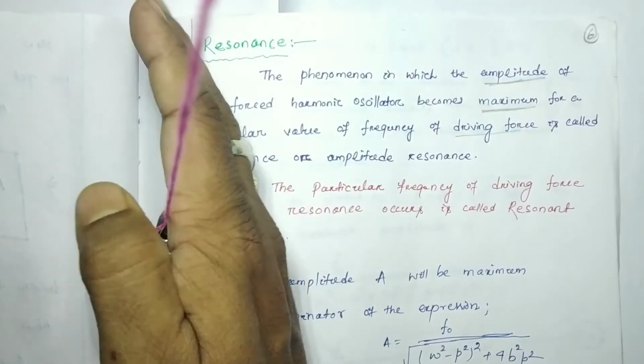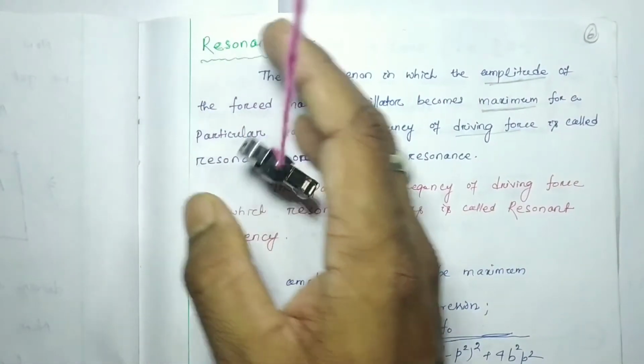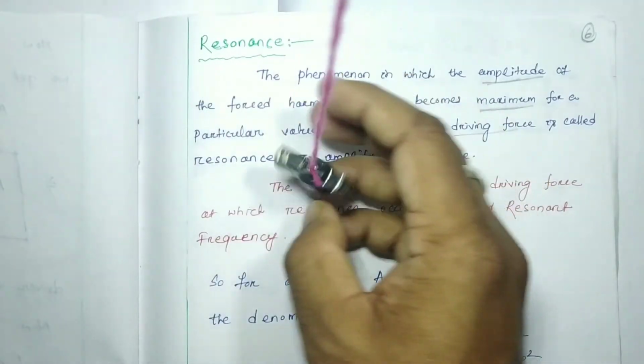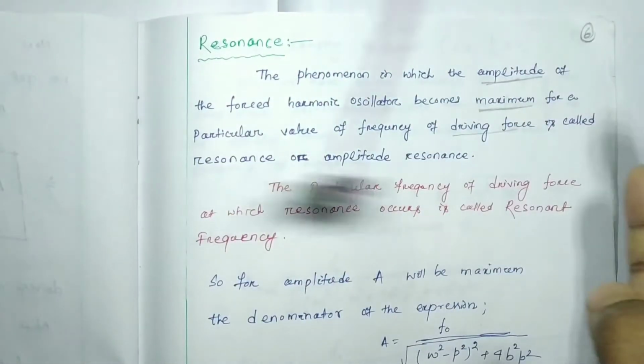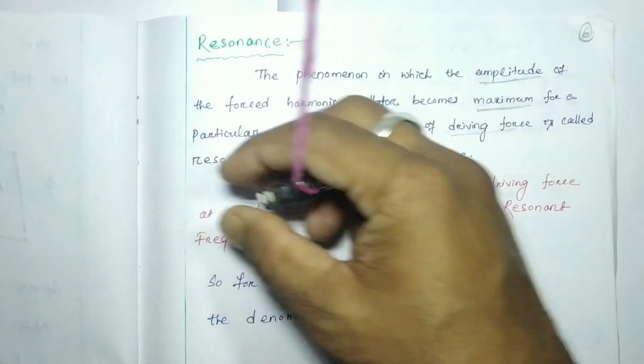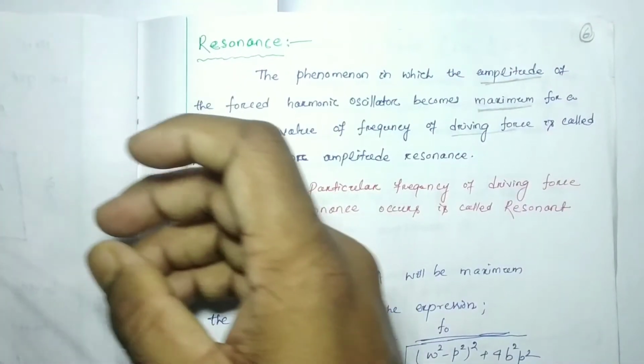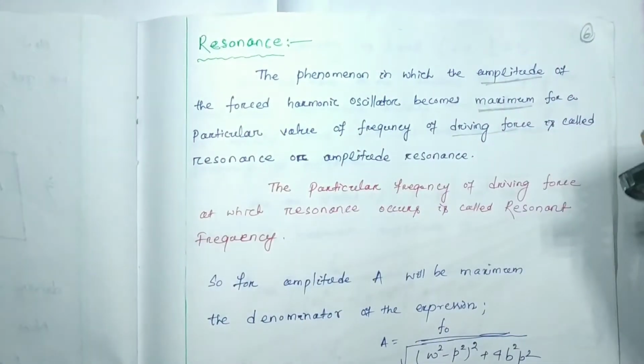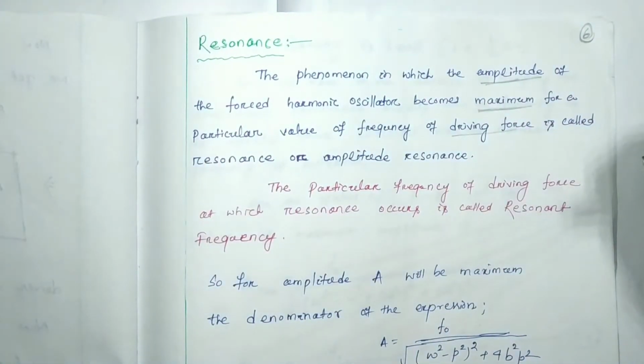At a particular time when its amplitude is maximum, amplitude means it moves this much on this side and this much on this side, and suppose this distance is the maximum amplitude.